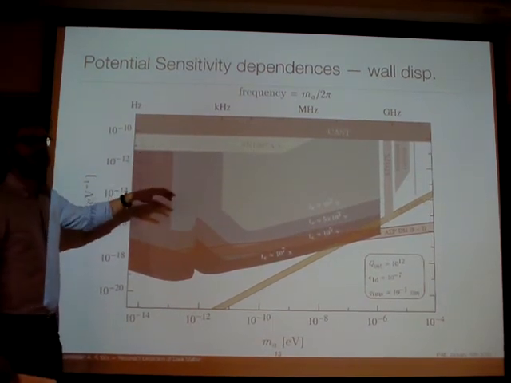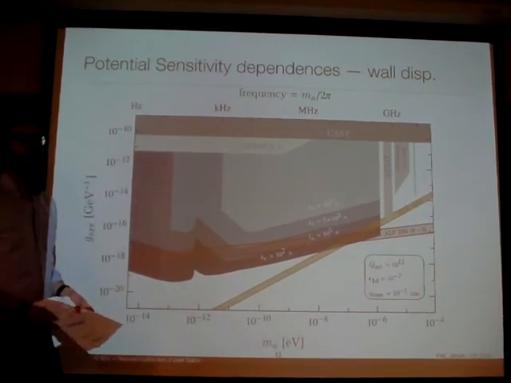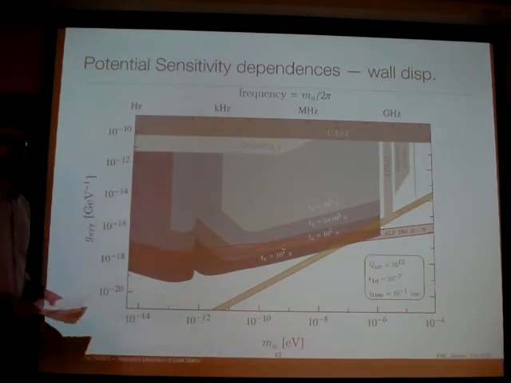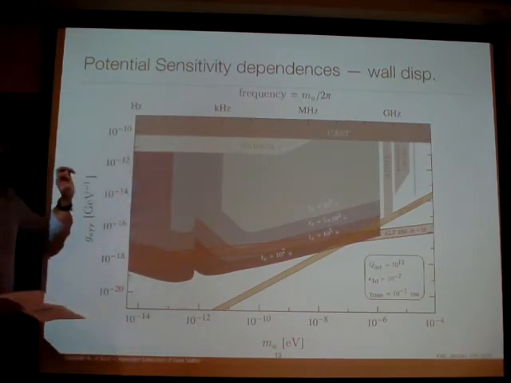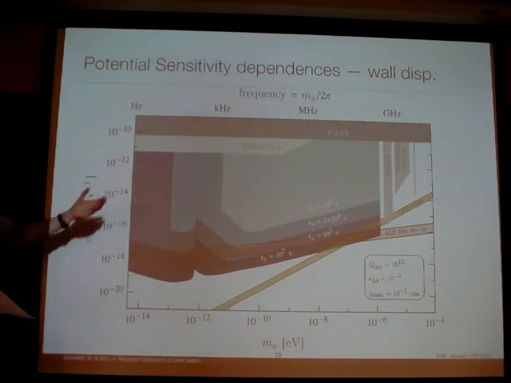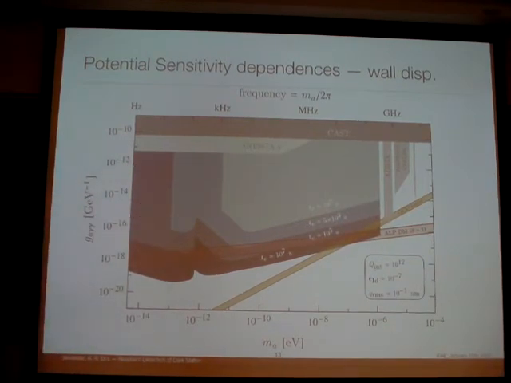It's going to be something else entirely. But to do an apples-to-apples comparison with other axion dark matter experiments, it doesn't make sense to say we don't know what dark matter could be up here. So you just want to say, if there is axion dark matter up there, then this would probe it, regardless of what the origin of that dark matter might be.